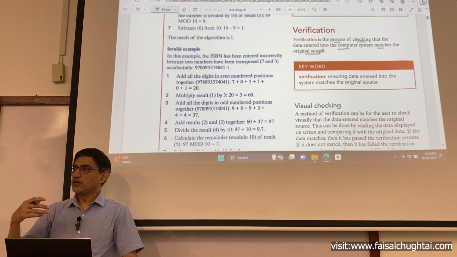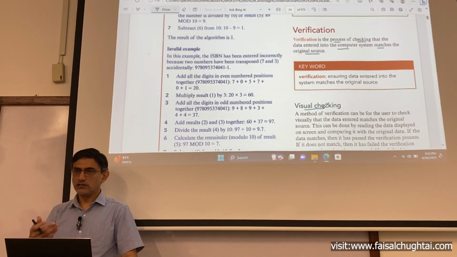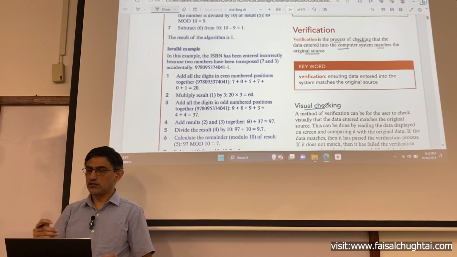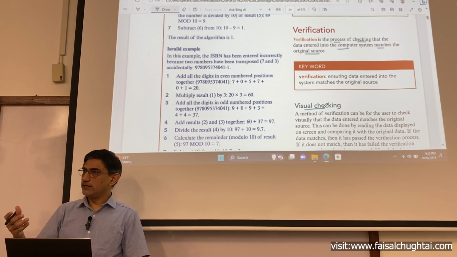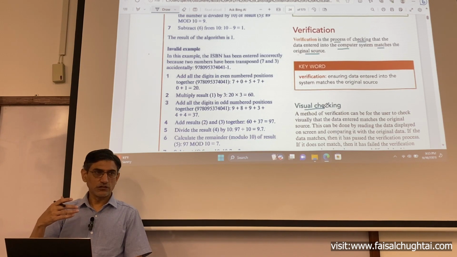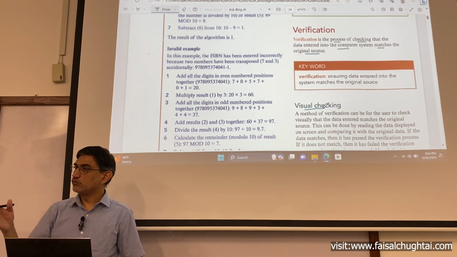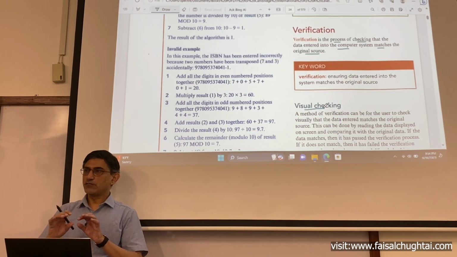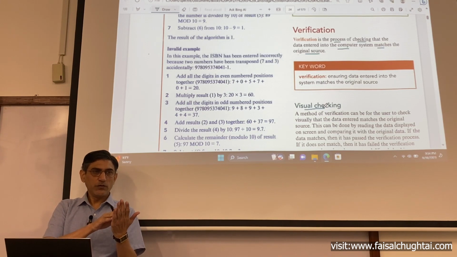For example, if you look at the first example that is given here, which is a visual check, I'll take this example to describe what I basically mean by manually verifying that the data on the source document has been accurately transferred to the computer. Say for instance, you are typing out something by looking at a source document. What do I mean by a source document?